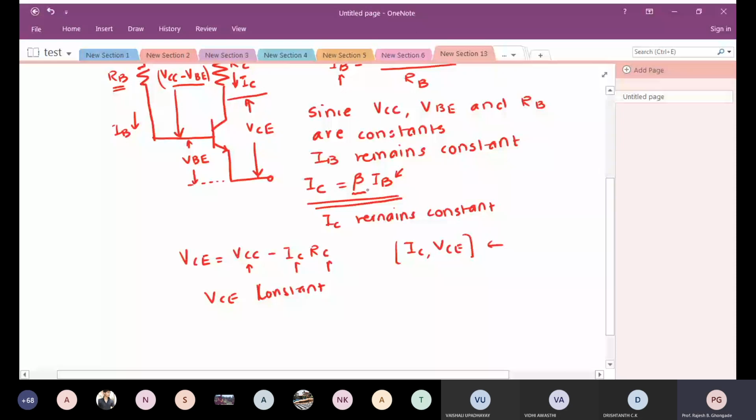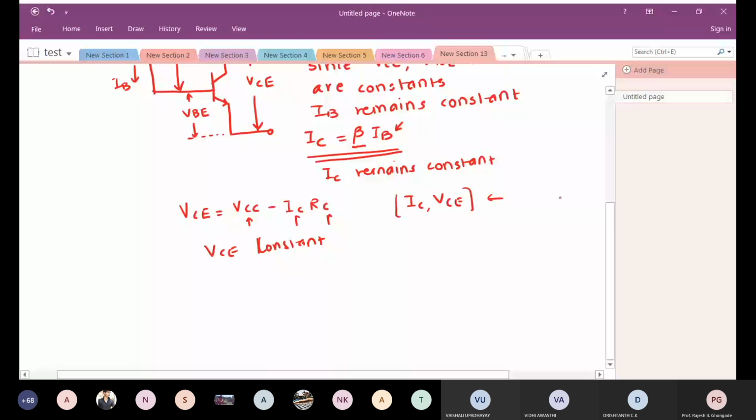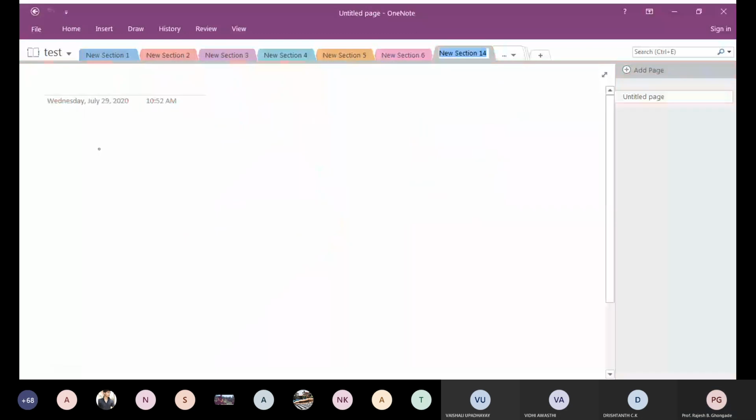But let us now quickly see how to design this circuit. So have you understood whatever we have talked about? Yes, sir.